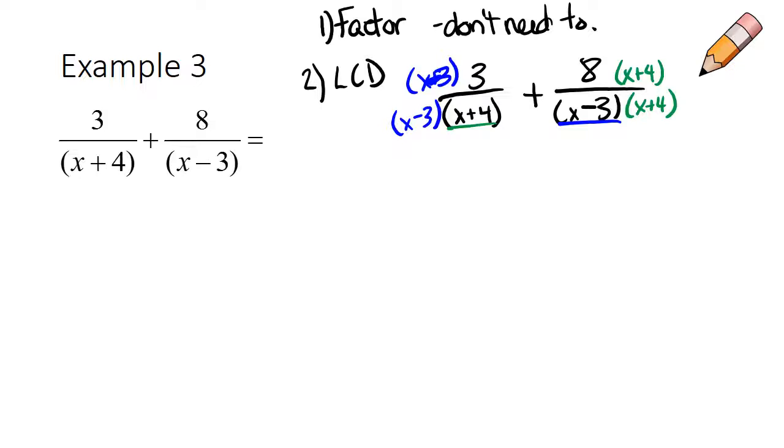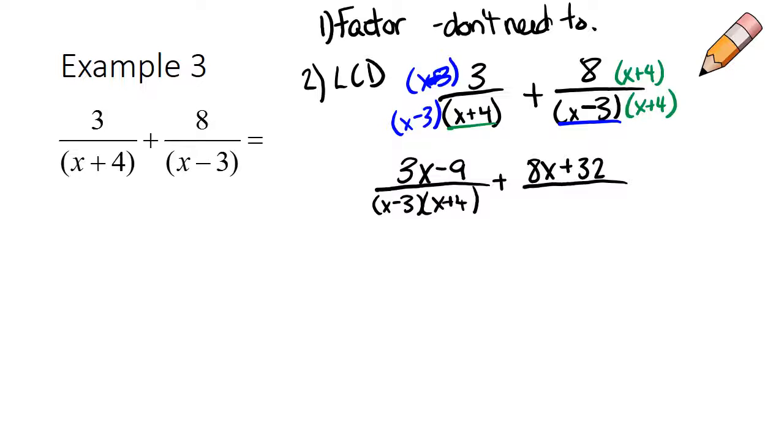If I multiply this out, I end up with a 3x minus 9 all over x minus 3, x plus 4. Keep that denominator factored out. My next fraction ends up being 8x plus 32 all over x minus 3, x plus 4.